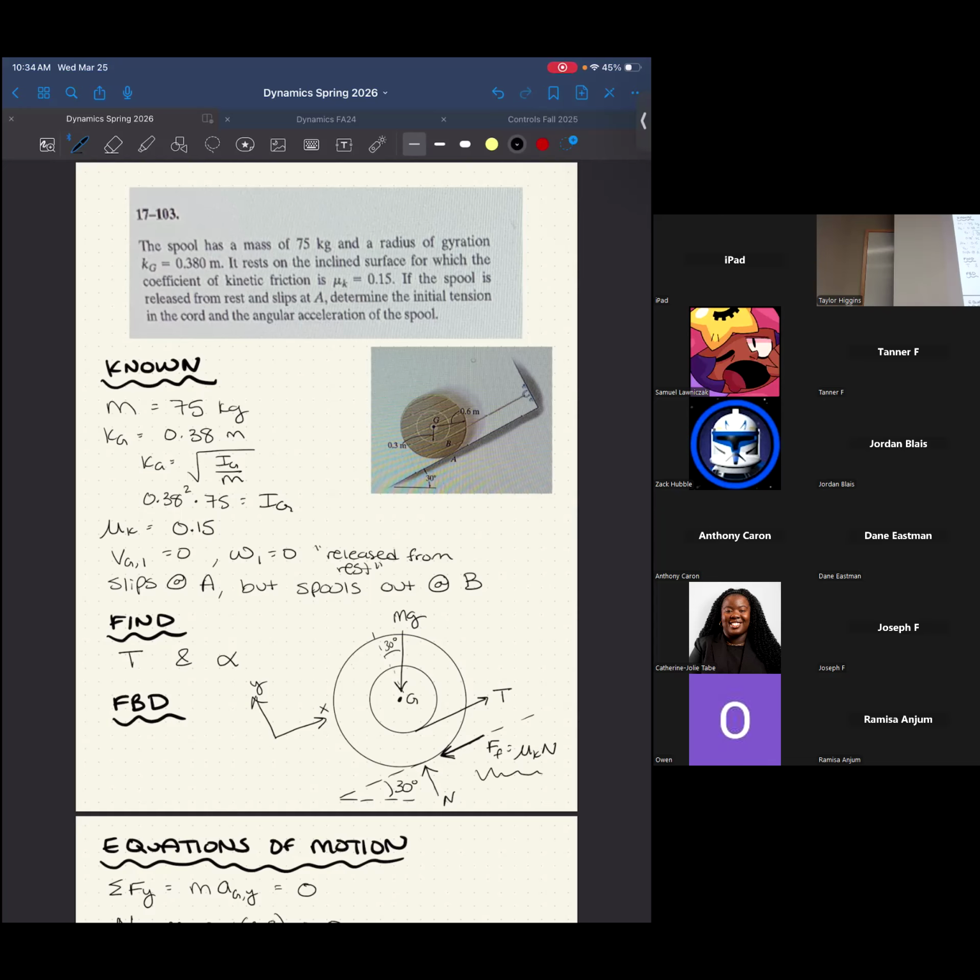The fact that there is friction between A and the ground affects all of the relationships, but there's still a relationship that holds between the acceleration of the center of gravity point and the angular rotation of the body. And that holds because it's being spooled out. So both of those things can be true at the same time.